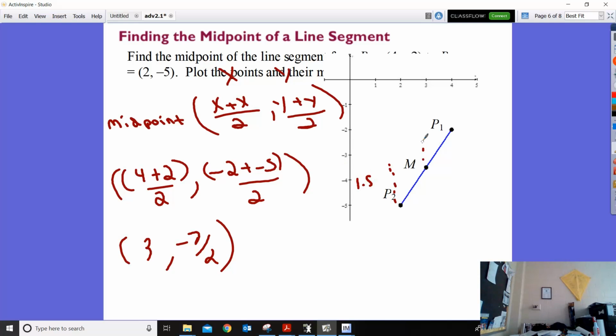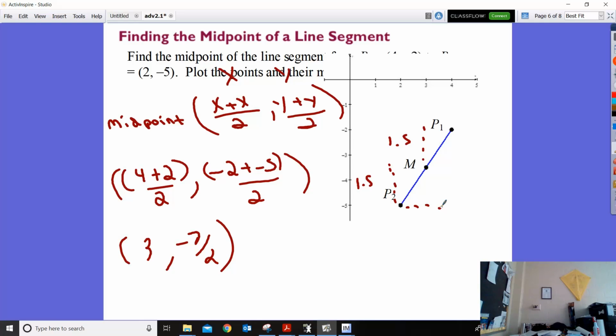How about to go from the middle to the top? Would you rise again? From -3.5 to -2, would you rise again? 1.5. Notice how those are constant. The run is the same way.